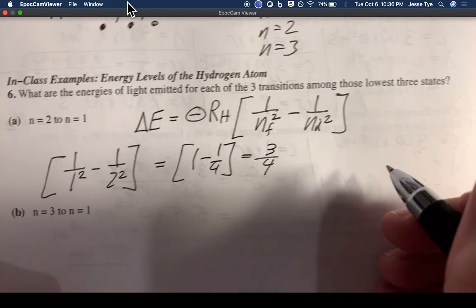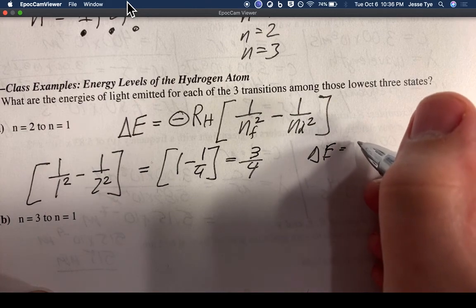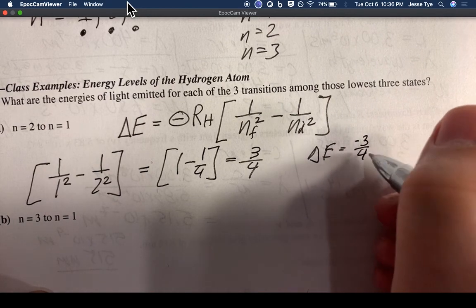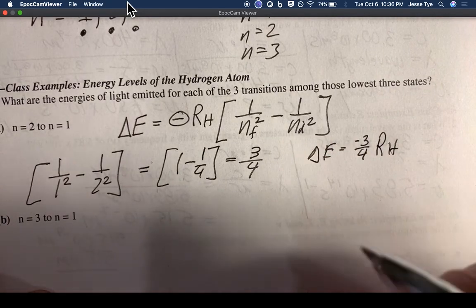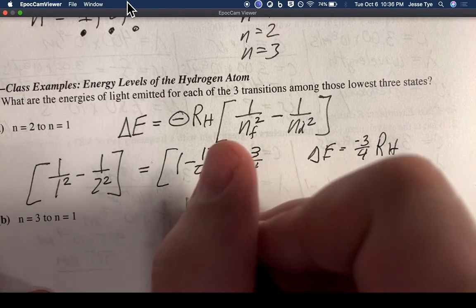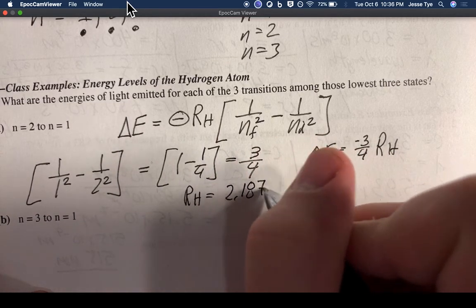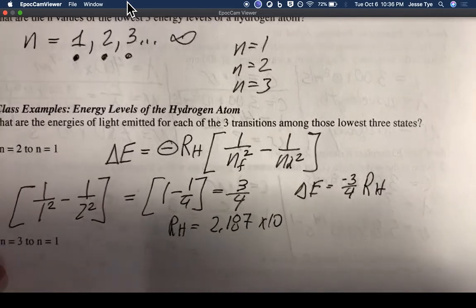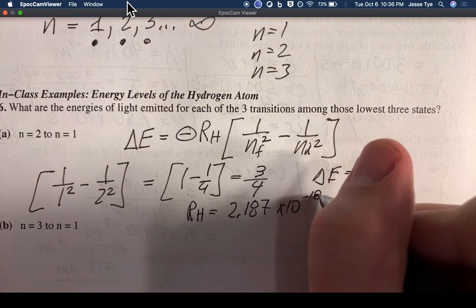The part in parentheses is 3/4. And so now delta E is equal to, and I can't lose my minus, minus 3/4 times the Rydberg constant. And now I'll put the Rydberg constant in for you. So the Rydberg constant is equal to 2.187 times 10 to the minus 18 joules.